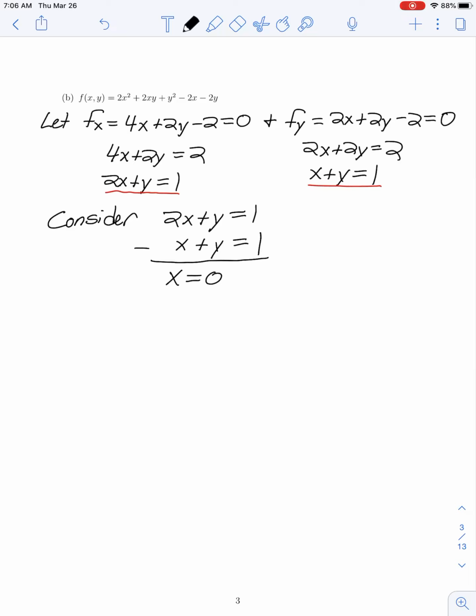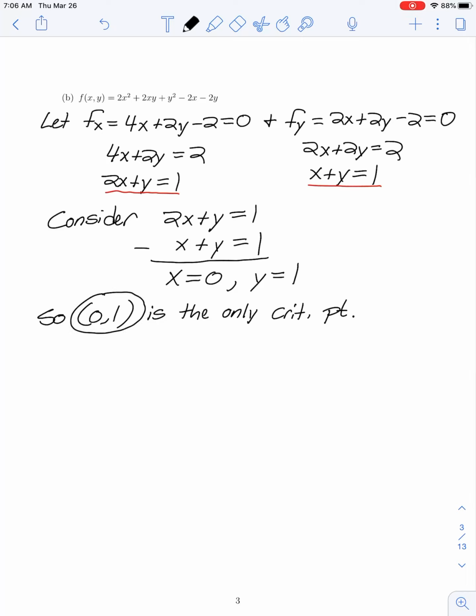So here I would be left with x is equal to 0, and if x is equal to 0, I can substitute back into either one of my previous equations, and I find that y is 1. So we end up finding, again, only one critical point, namely the point 0, 1, as the only critical point of our function.